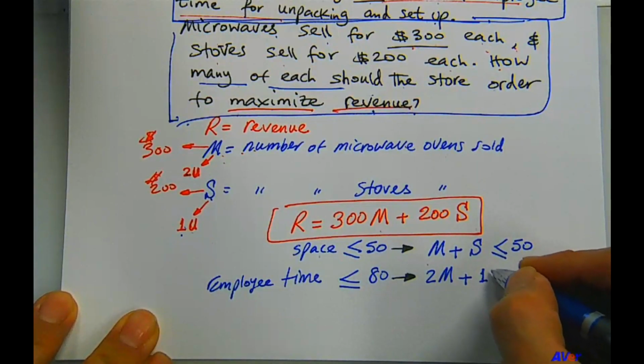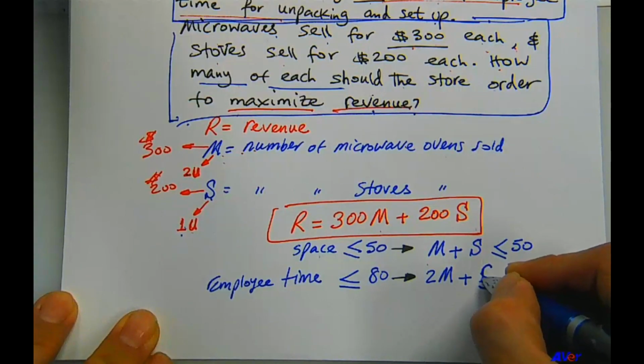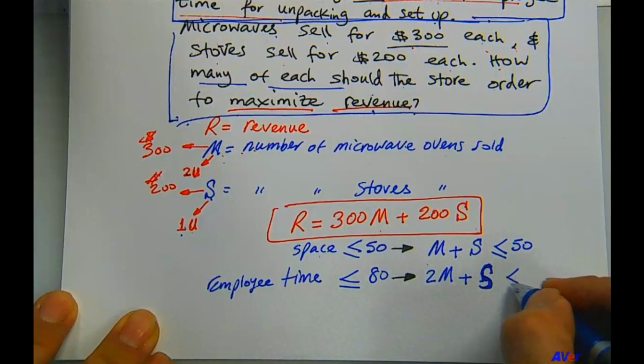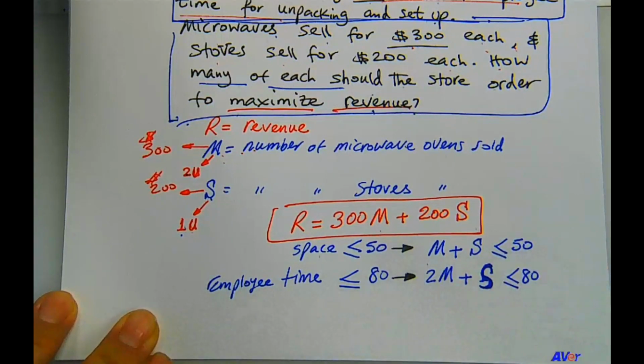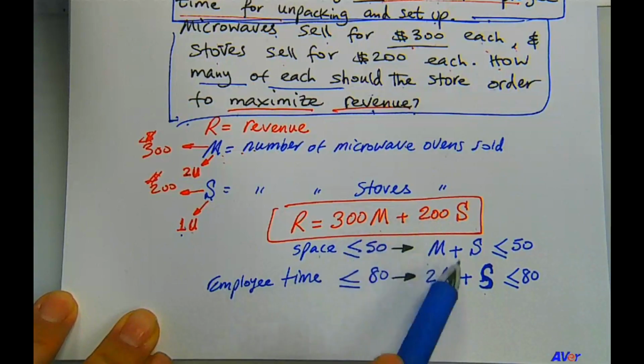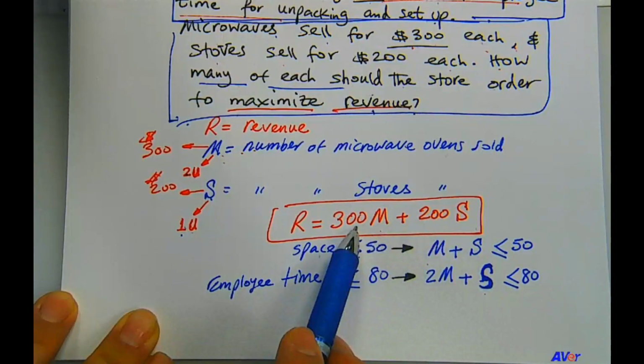So 1S, or let me just say S, right? 1S is just S. 2M plus S should not exceed 80 hours. So these are the two constraint inequalities. Compare these with the objective function, we have the same variables, right?